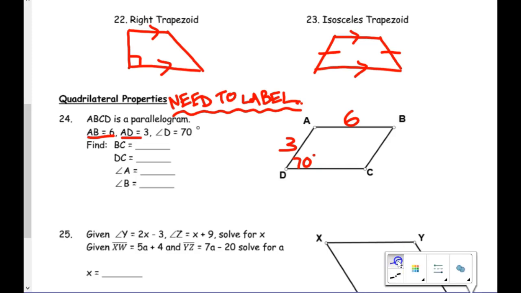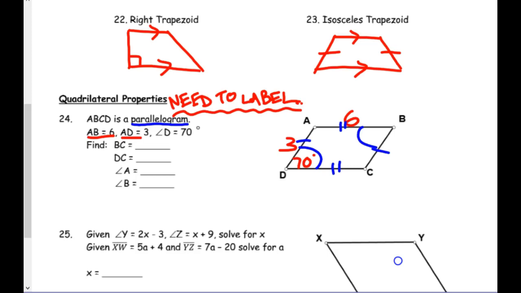Now let me remind you, for a parallelogram, opposite sides are equal, and opposite angles are equal. I'm going to fill stuff in before I answer this question. Angle D is 70. So what else do I know?